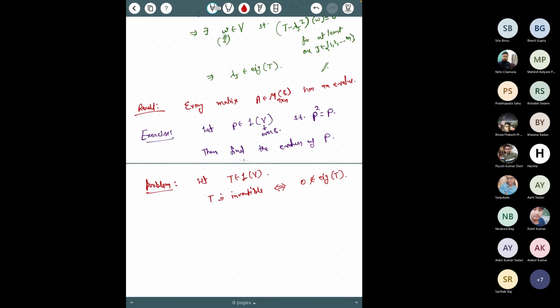So the next result I'm proving is the following: if we have a linear operator T, then the eigenvectors of T corresponding to distinct eigenvalues are linearly independent.